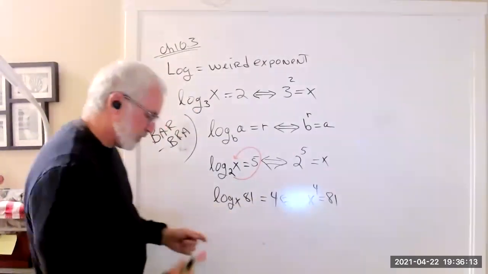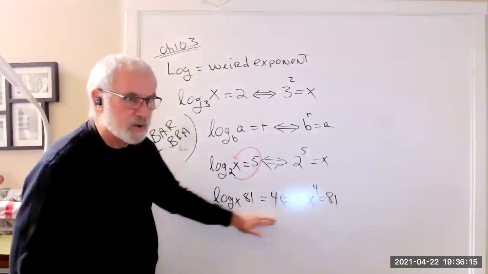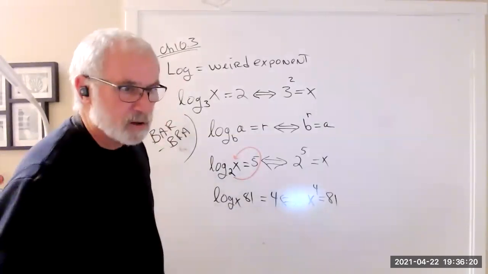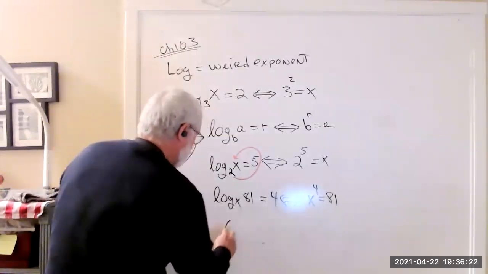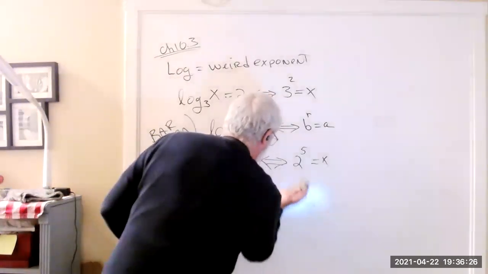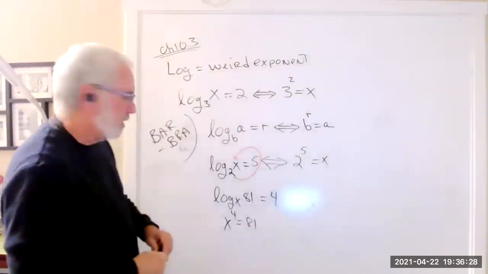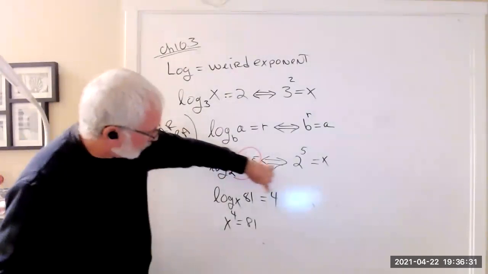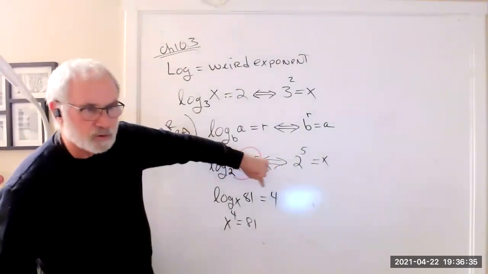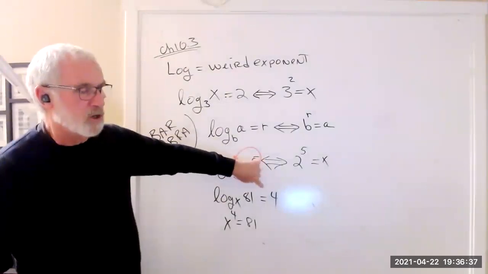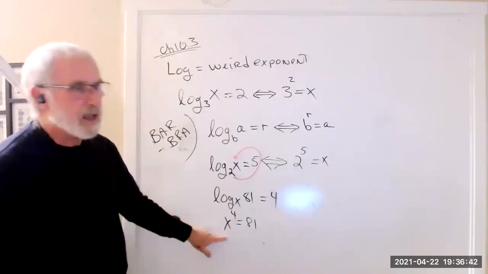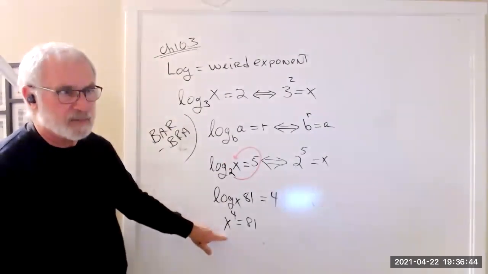Same thing down here. This original problem, as it's written, why isn't somebody telling me I'm in the glare? Okay. So this is x to the 4 equals 81. I'll do it that way. So this original problem can't be solved as it looks, but by converting it to an exponential problem and messing around with it a little bit.